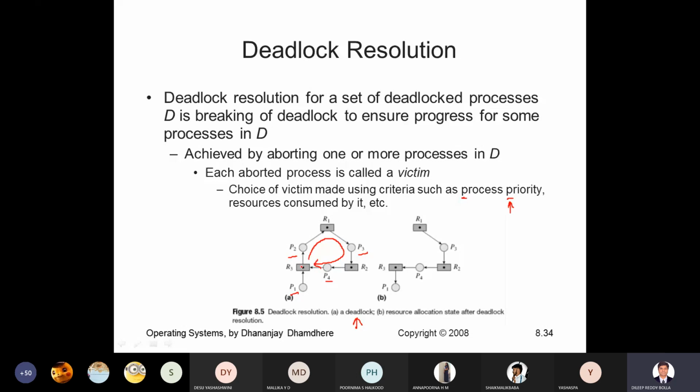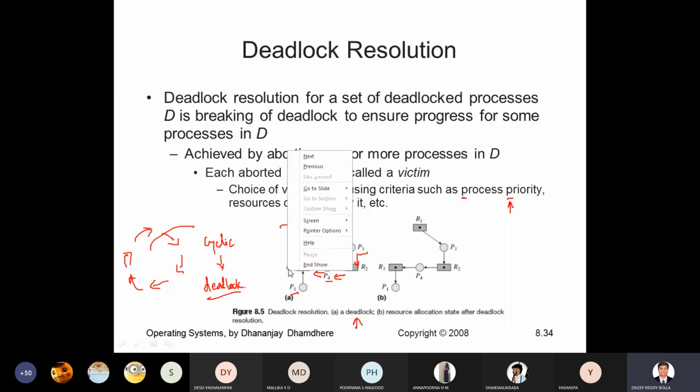R3 is given to P1, P1 is given to R1, R1 is given to P3, P3 to R2, R2 to P4, P4 to R3. And again, this continues. It will keep going in a cyclic fashion. As we have discussed, when we have this cyclic process, we will have a probability of a deadlock. So this example is your deadlock condition.